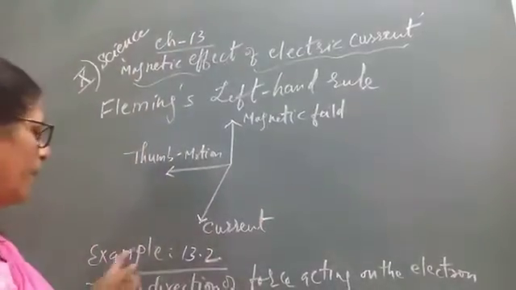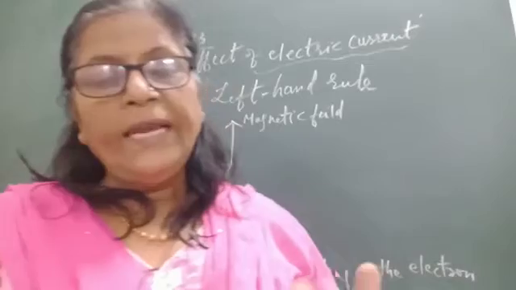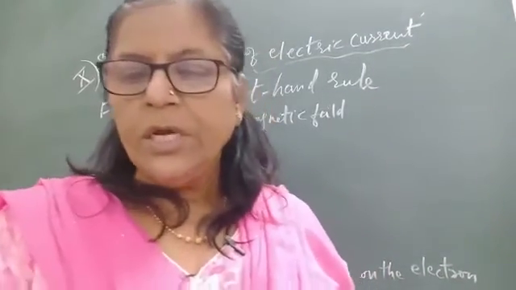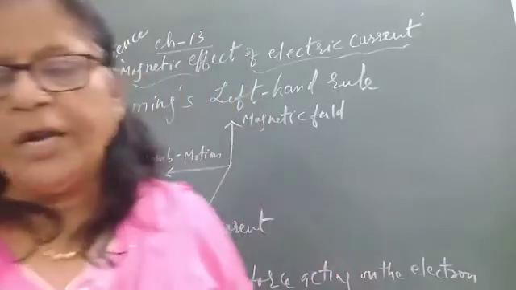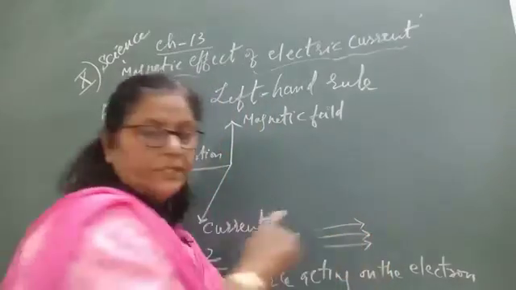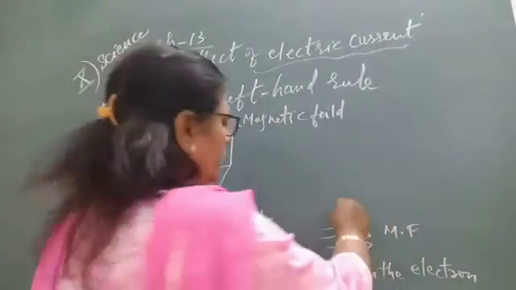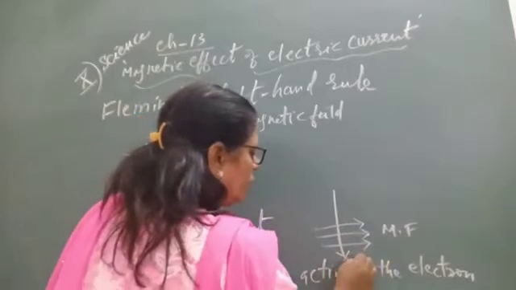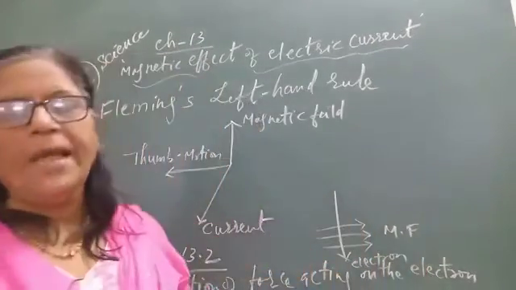Now let us see example number 13.2 on page number 231. An electron enters a magnetic field at right angles to it, as shown in the figure given on the page. The arrows show the magnetic field, and the perpendicular direction shows the electron. The electron is perpendicular to the magnetic field.